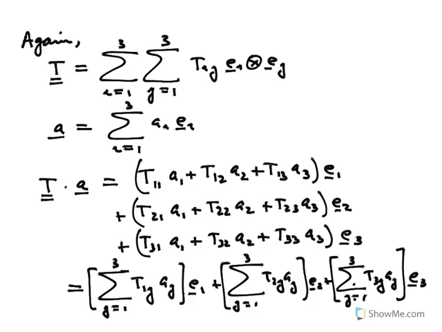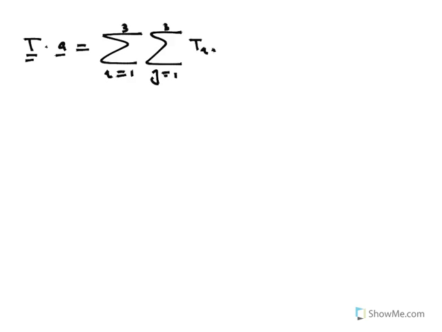So now we can sum across i, and we can write this as T operated on A is equal to the sum from i equals 1 to 3 of the sum from j equals 1 to 3 of Tij Aj, and then the whole thing is multiplied by Ei. That's the result. If you really want to break it up, you get the inner sum and then the outer sum. So that's how this looks.